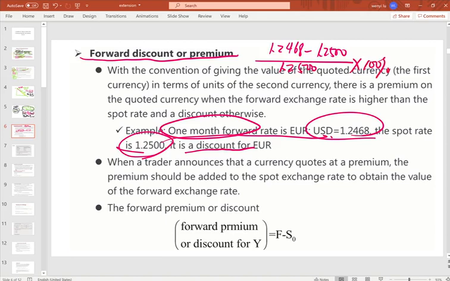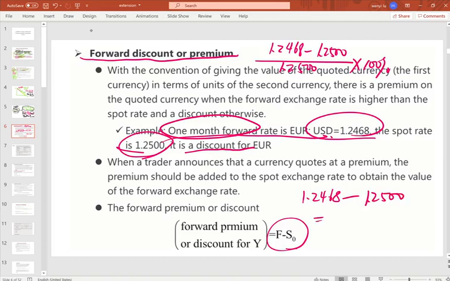That's our forward discount in percentage. We can also use the difference directly, not the percentage. For example, our forward discount will be 1.2468, the 1 month forward, minus the spot rate.